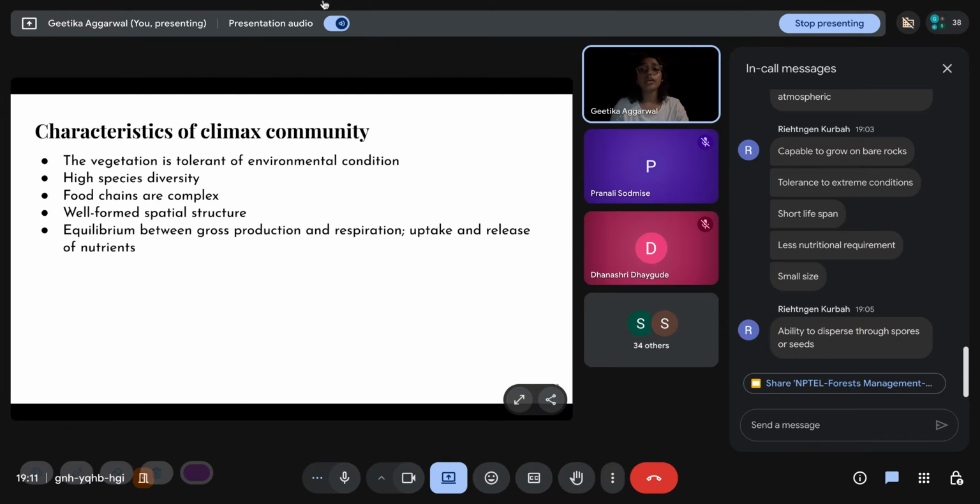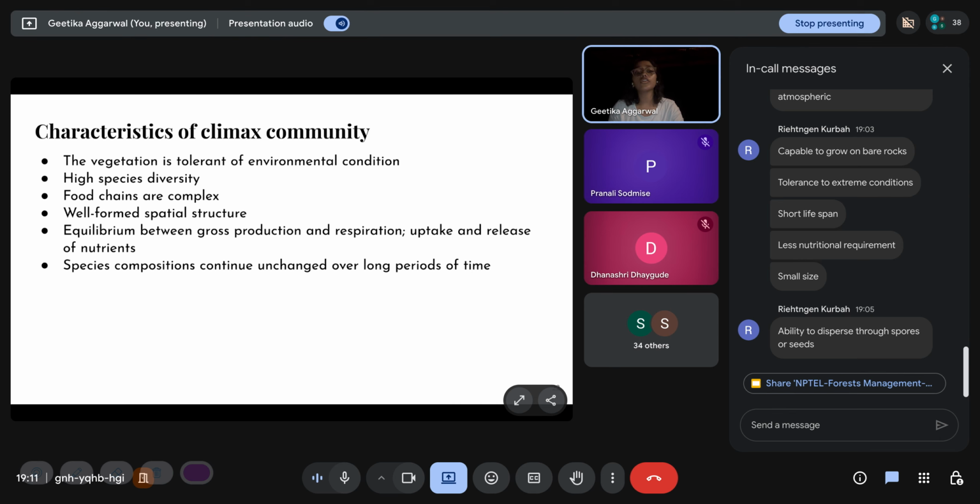There's not going to be a lot of change or impact on the community. And the species composition, as I said, will be unchanged over long periods of time, because a climax community is not very easily affected by smaller changes in the environment.